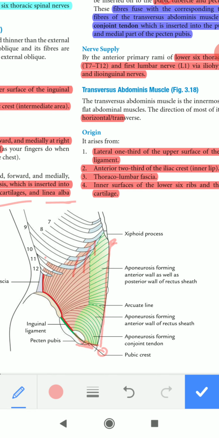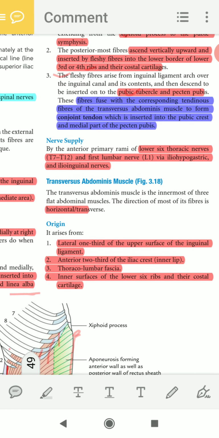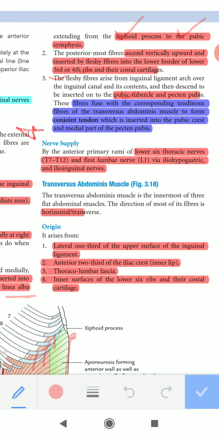Okay. Now, what is conjoint tendon? A very important term. The fibers of the internal oblique muscle fuse with the corresponding tendinous fibers of the transverse abdominis muscle to form a tendon, that is known as conjoint tendon.